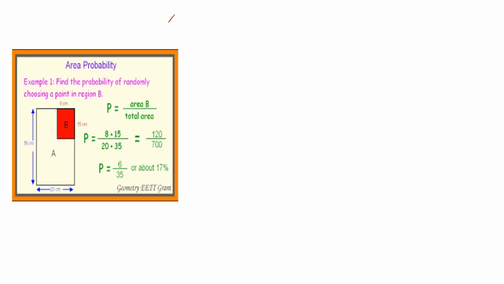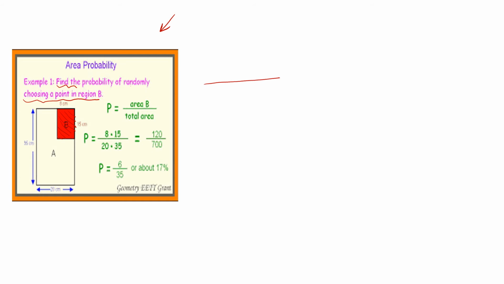Let's see questions on geometrical probability. Geometrical probability is also the same as theoretical probability. Here the question is to find the probability of randomly choosing a point in region B. You can see there is a small rectangle lying inside a big rectangle.